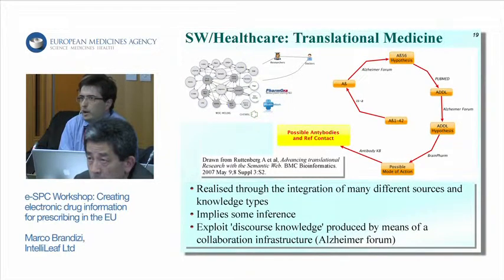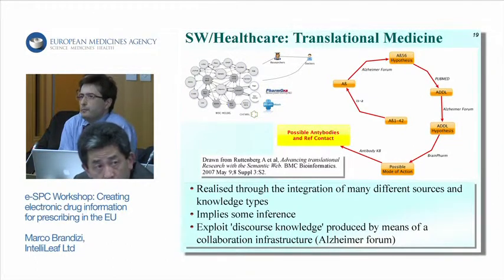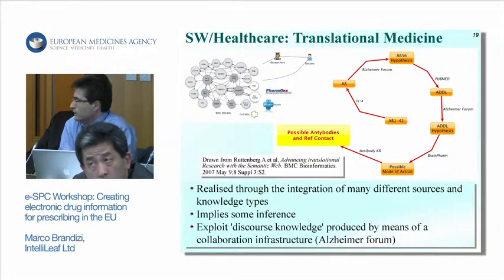This is an example of interaction between the healthcare field and the research field. In this quite famous work, in practice, they went through this workflow, starting from an initial failed clinical trial. They could make a number of steps using semantic web knowledge bases and come up to a possible alternative antibody to try an alternative therapy.